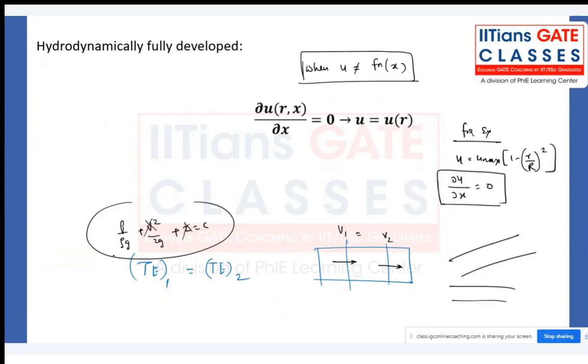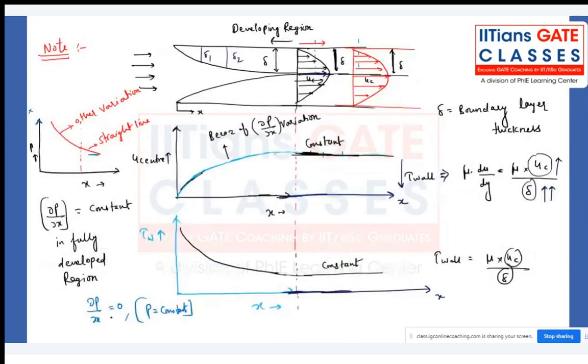Then who is contributing to that? Pressure energy only. Because of the pressure difference only the flow is happening. If you think ∂p/∂x will become zero, then pressure will be constant. Then how will the flow happen? Getting my point, all of you?